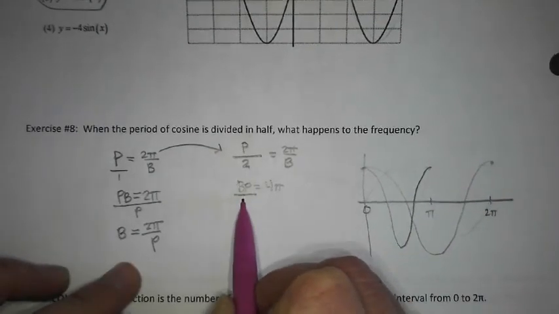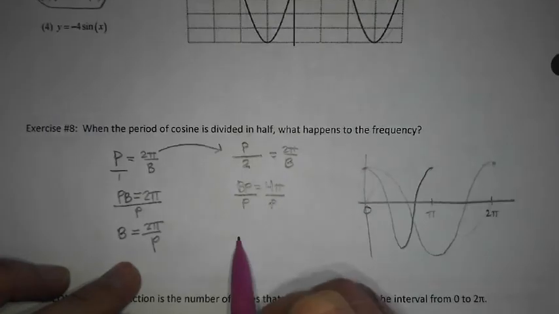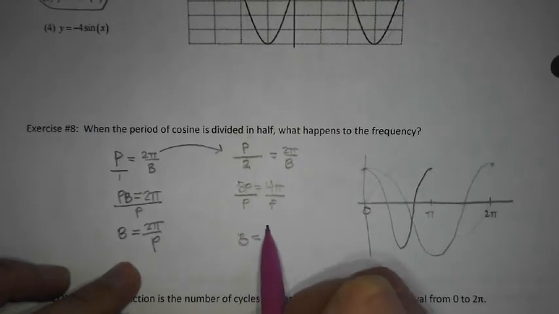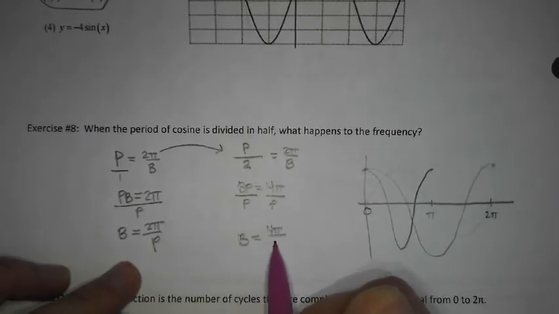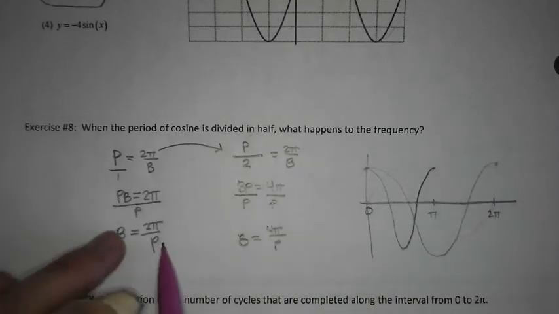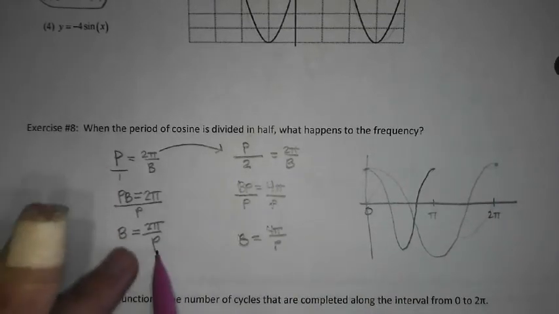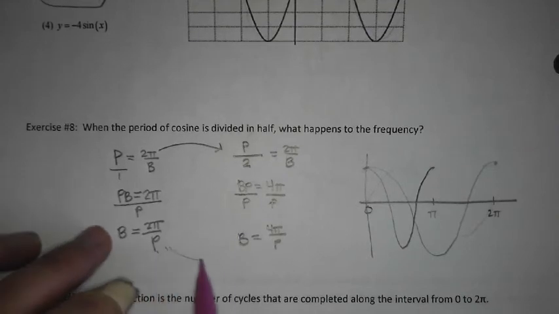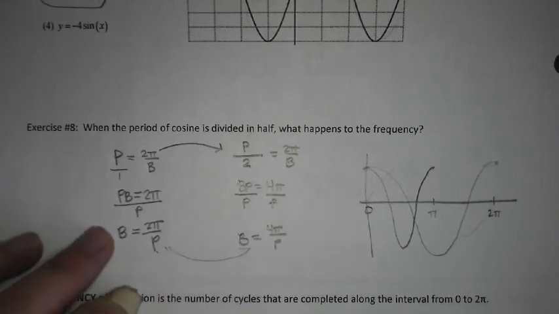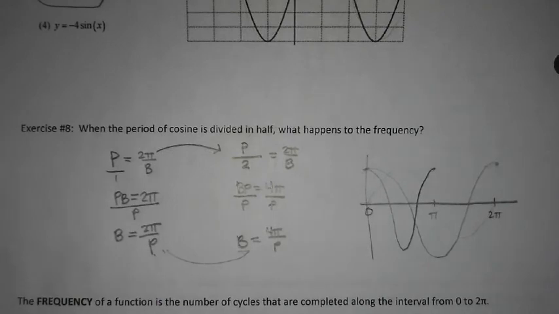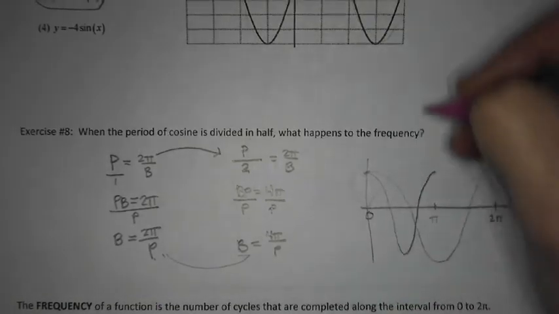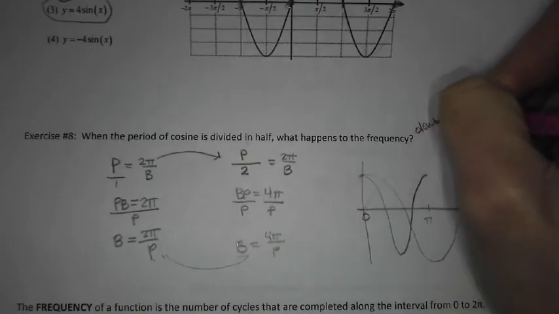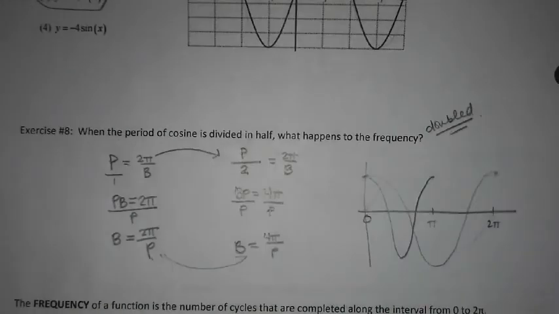Solving for b, divide both sides by p, I'm going to get that b equals 4 pi over p. So here's my b originally, and then what happened to my b? I doubled it. 2 pi over p doubled to 4 pi over p. So your answer would be it doubled.